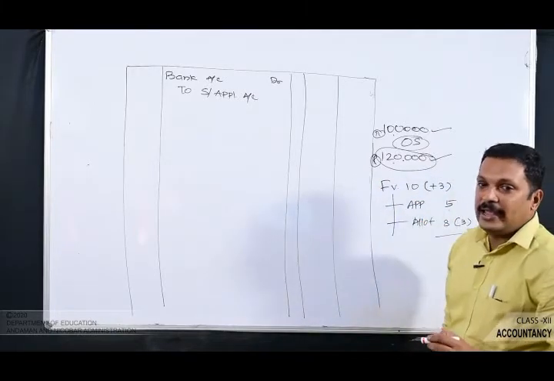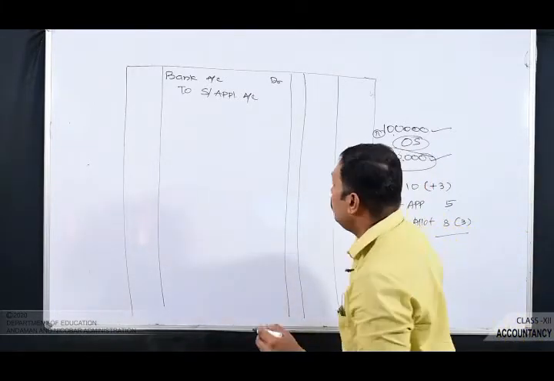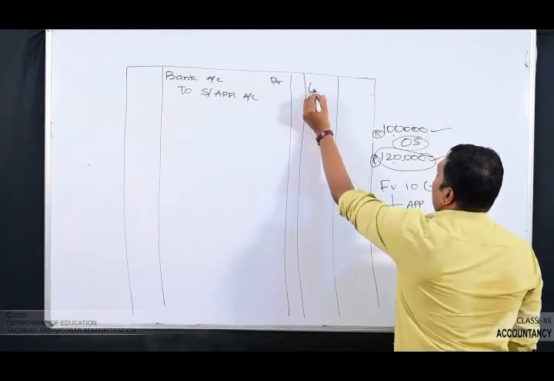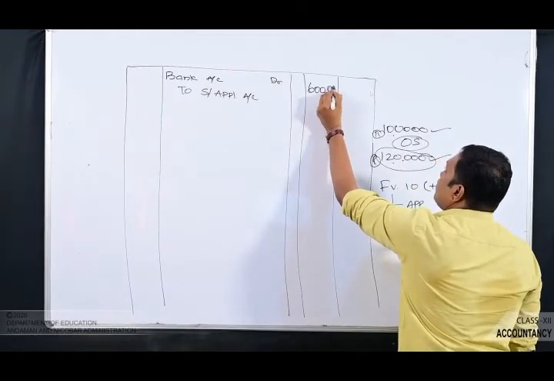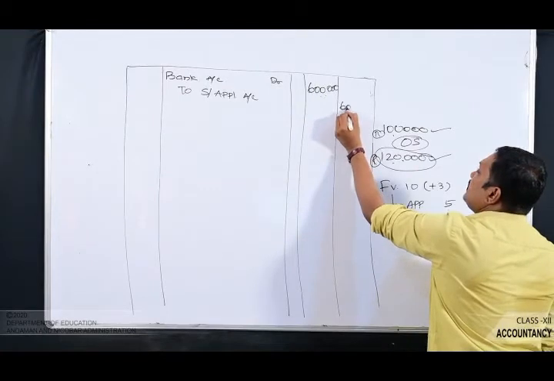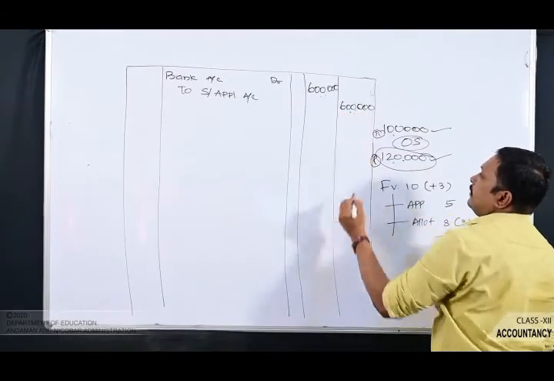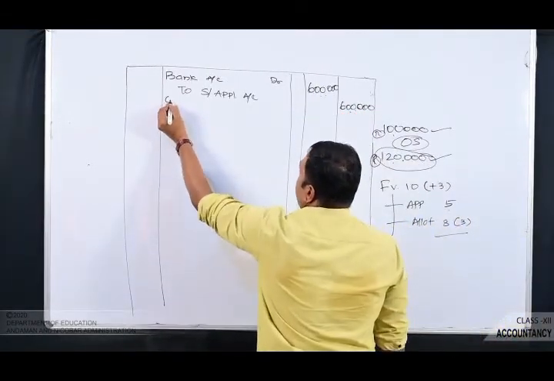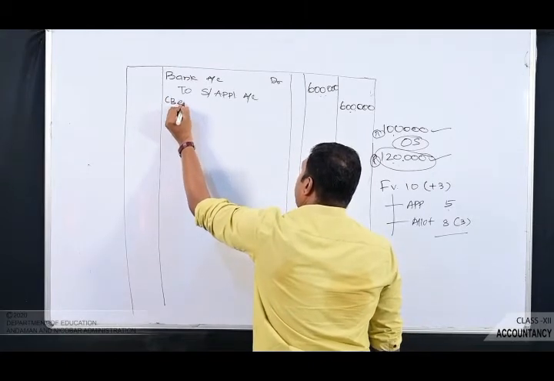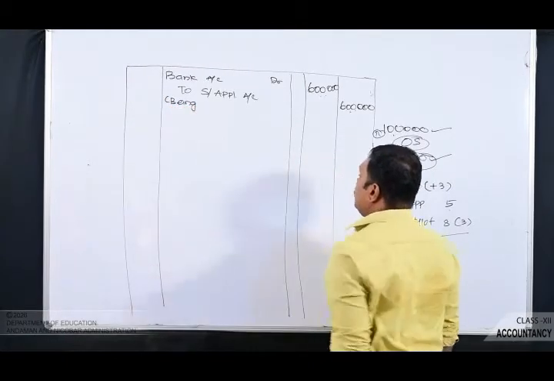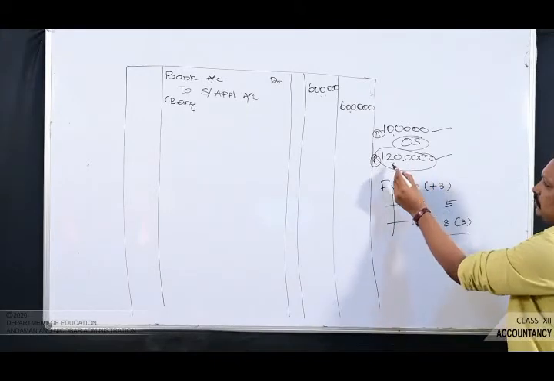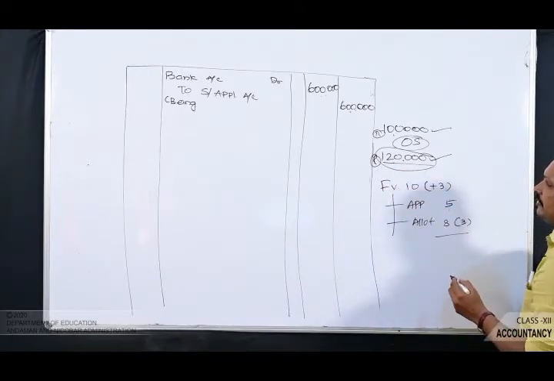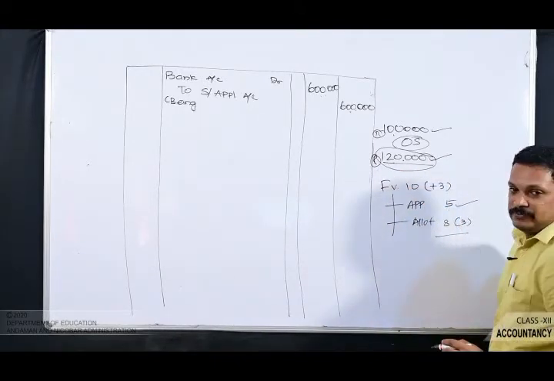It means 1,20,000 into 5, that is 6 lakh. So we received 6 lakh rupees. Narration: being application money received on 1,20,000 shares at the rate of 5 each.